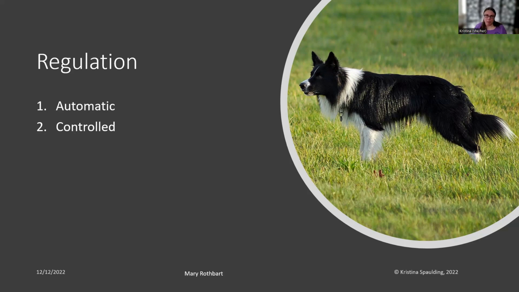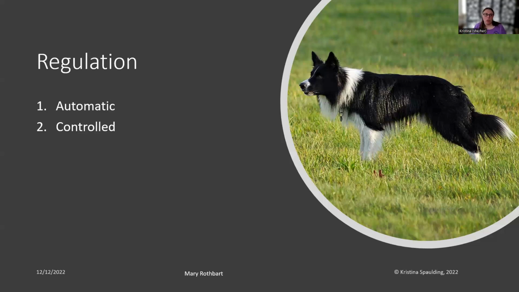We cannot possibly attend to every single stimulus in the environment. We cannot possibly react to all of those. And so our brain makes decisions, often subconsciously, about what we are going to pay attention to. So that's one aspect of that automatic processing.